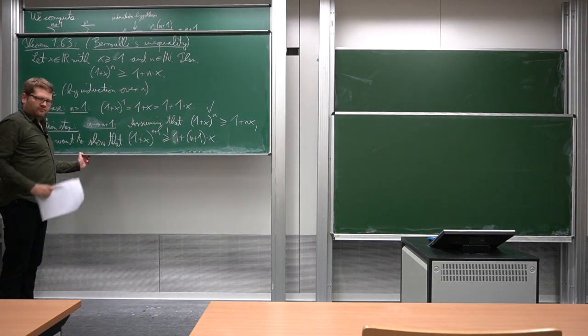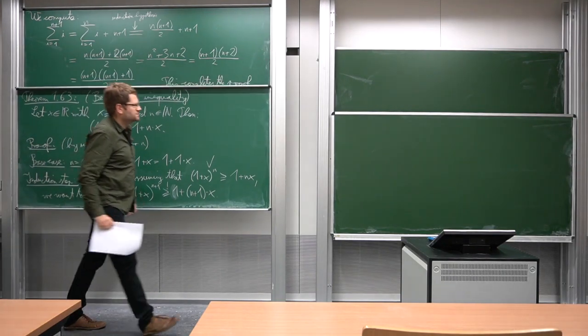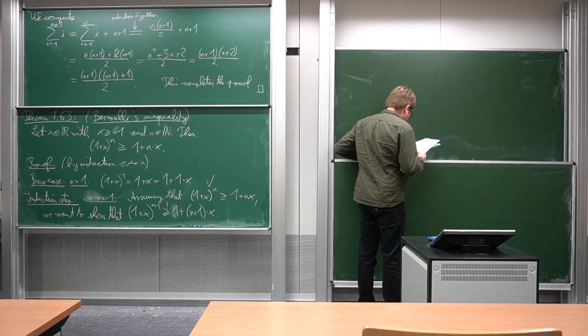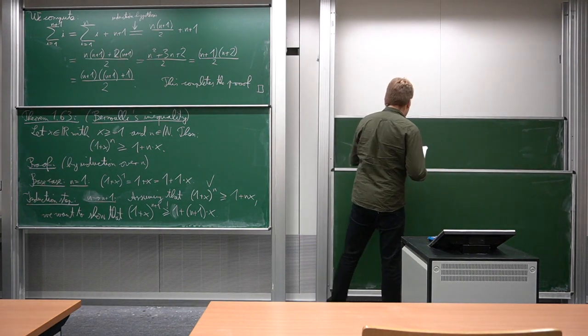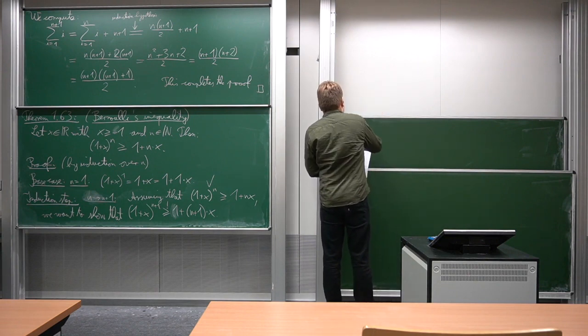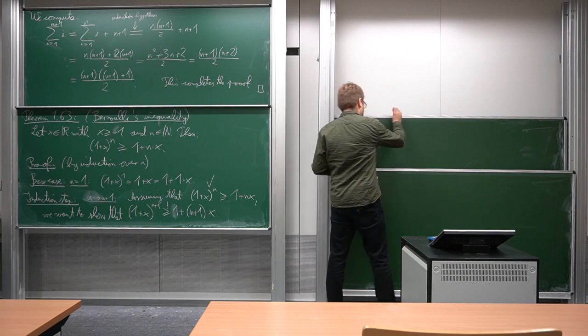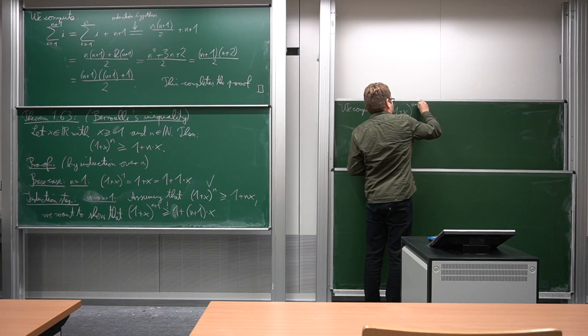Okay, the idea is again, of course, to use the induction hypothesis, and we need to kind of figure out a way how to do this. And this is again another not that hard computation. Namely, we compute 1 plus x to the power of n plus 1.